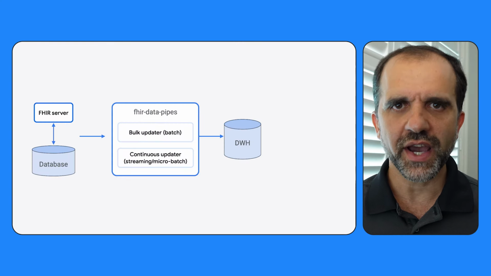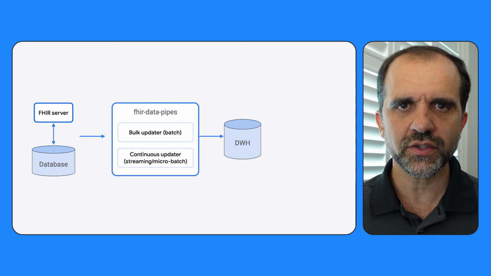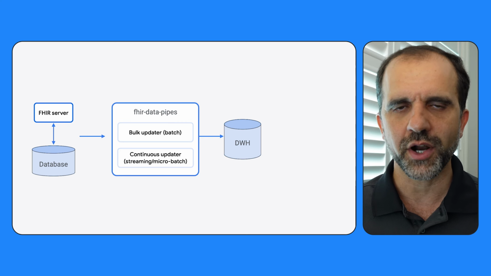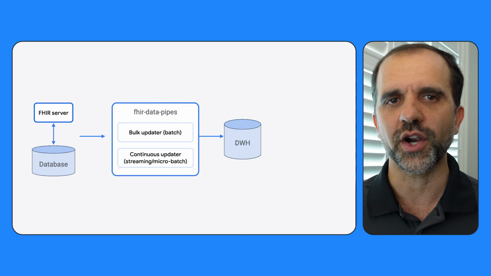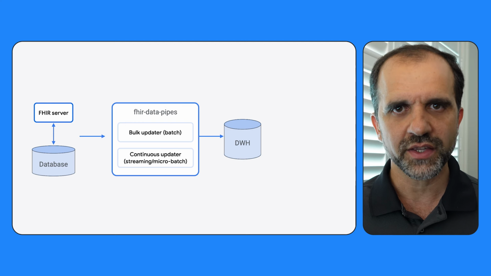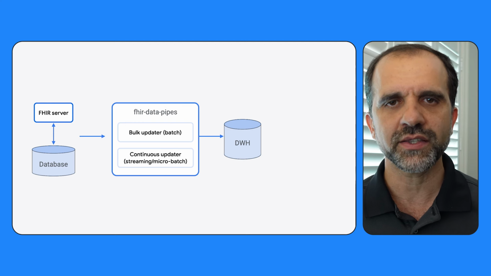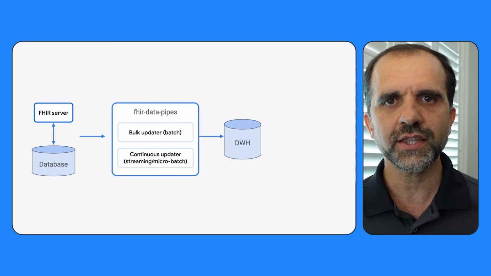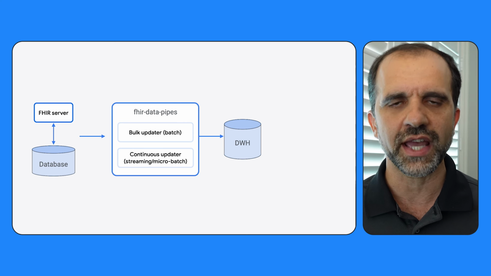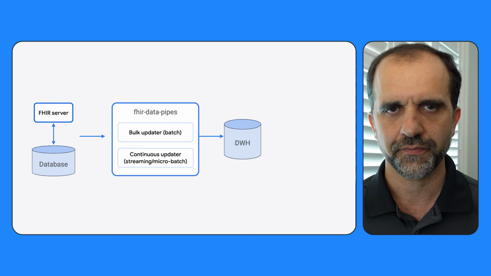The OHS FHIR Analytics component tries to address the two categories of problems that I mentioned earlier. It actually consists of two parts. The first part is a collection of pipelines to continuously transform data in a FHIR server into a format that is easier and more performant to query.